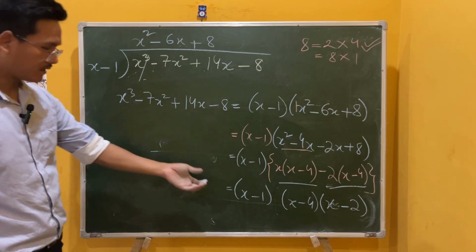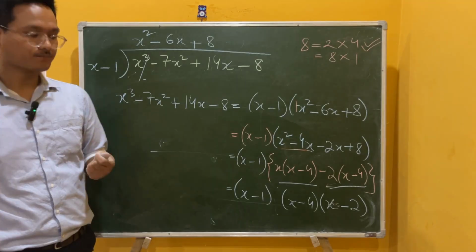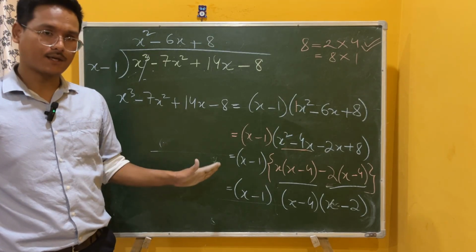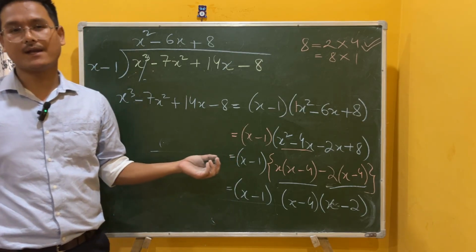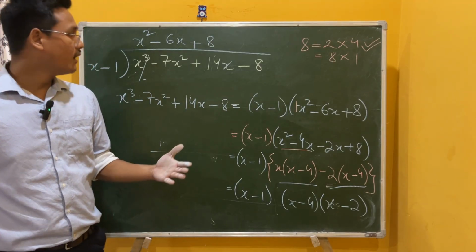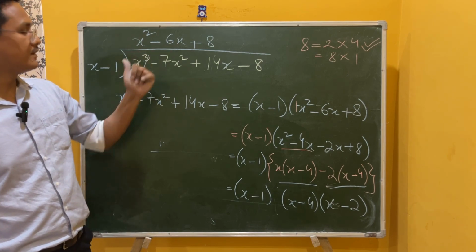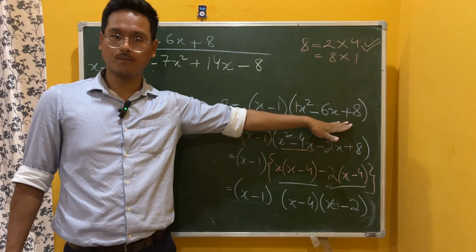So how did we come to this point? Obviously, first there was the verification, that you can escape. That is done by finding the remainder and checking whether it's equal to 0 or not. Next, we did the long division method and found one of the factors, which turned out to be a quadratic polynomial.